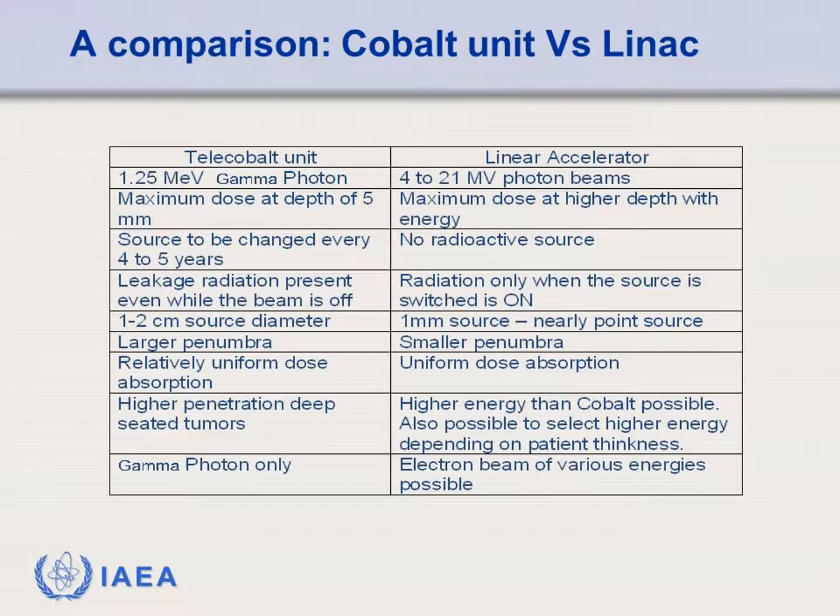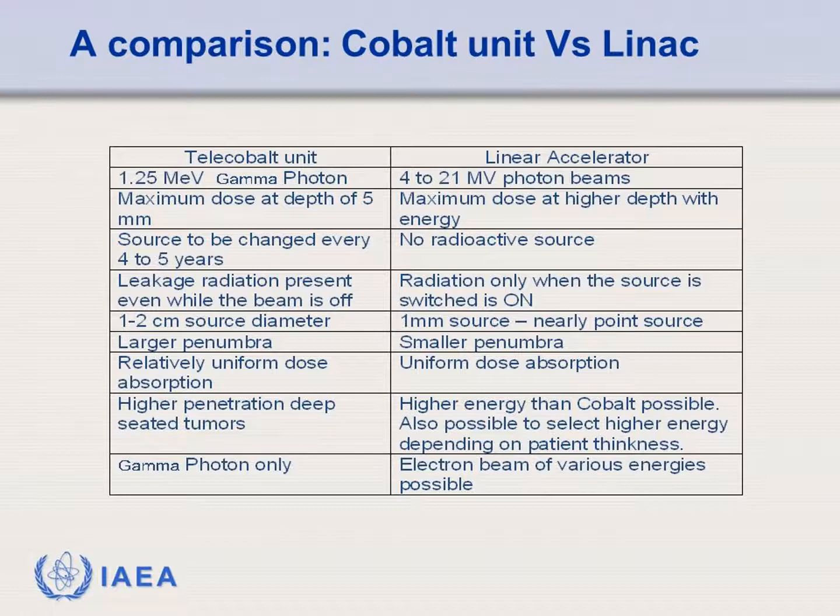But the main difference is that for the Cobalt 60 machine, which is also called telecobalt, you have a radiation source embedded in the machine, and this radiation source is always emitting radiation. Whereas in the linear accelerator, the radiation source is not there. Rather, the machine generates radiation beams, like photon beams, when you turn on electricity, but it uses lots of electricity.